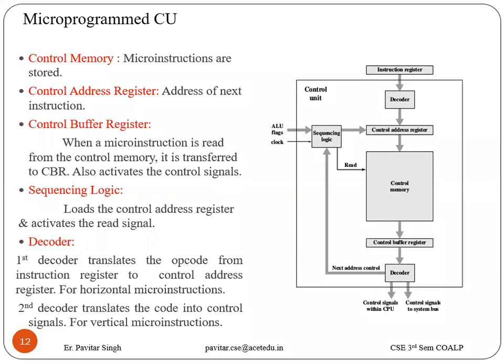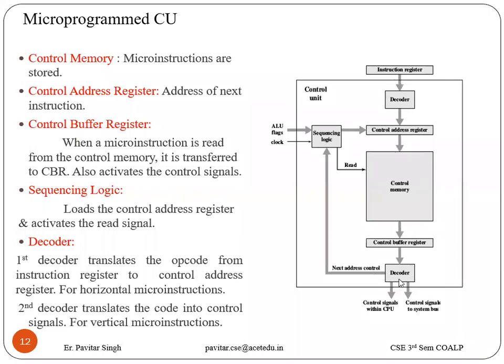Then you have the control memory where all the microprogrammed instructions are stored, where all your information related to your microprogram will be stored. It is called control memory. One more register is used which is called CBR, control buffer register. Let me discuss in detail in a while, right?